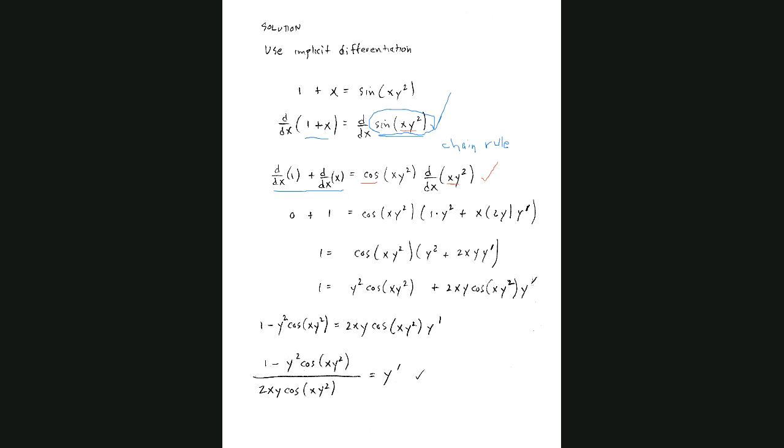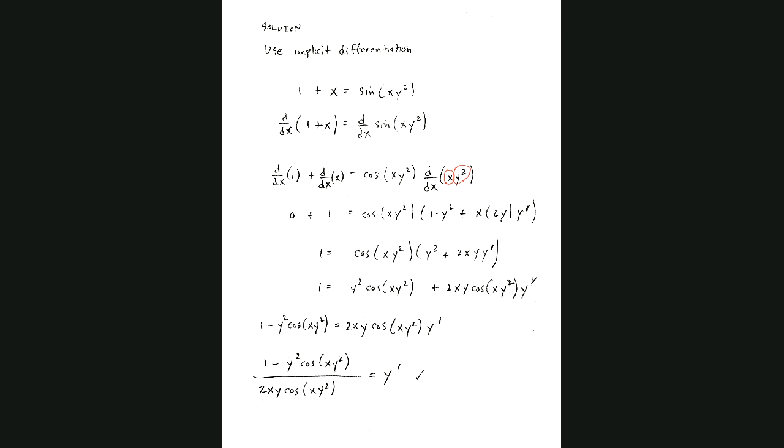Okay, so I'll do that. The left side's no problem. The derivative of 1 is 0. The derivative of x with respect to x is 1. But now I'm going to use the product rule. And I have two functions. I have an x and I have a y squared.